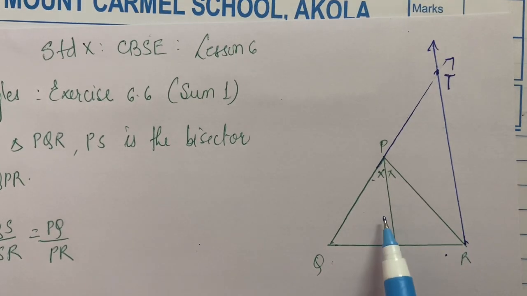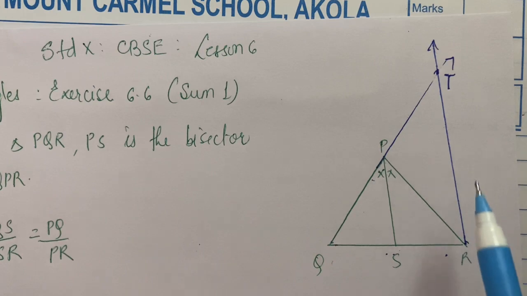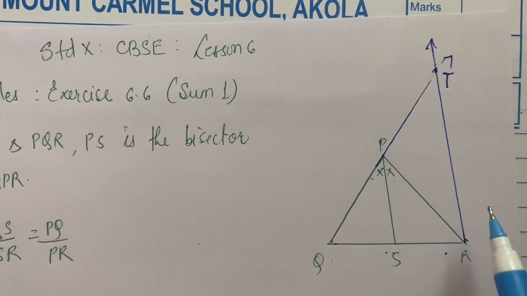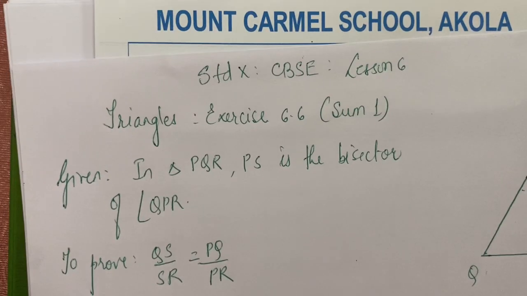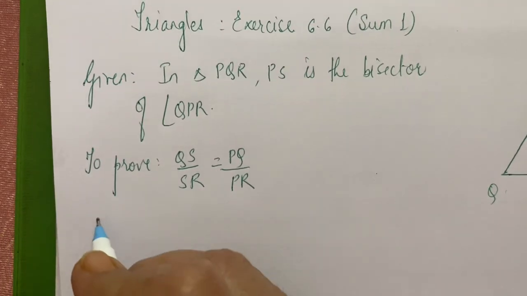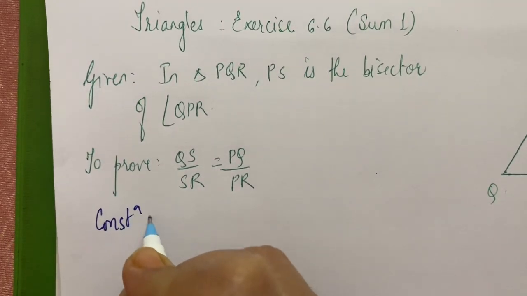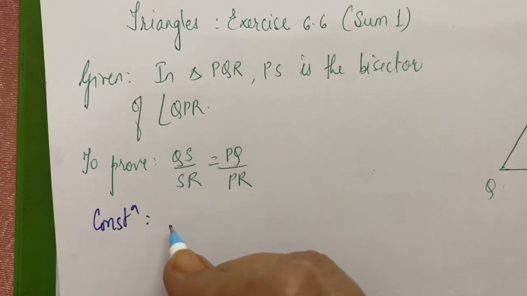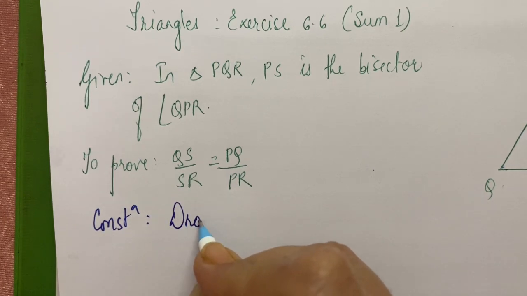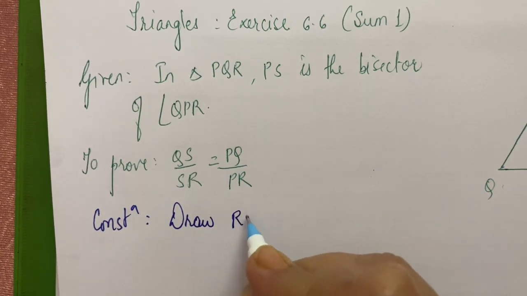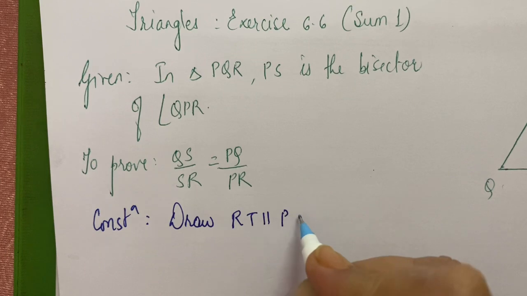We have drawn TR or RT parallel to PS. So this we have to write in construction. So in construction you'll write, draw RT parallel to PS.